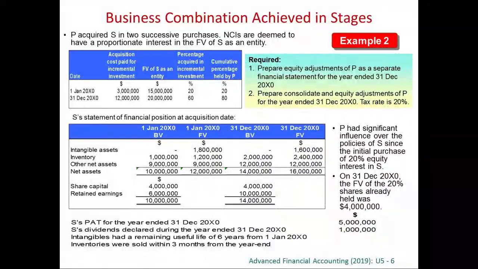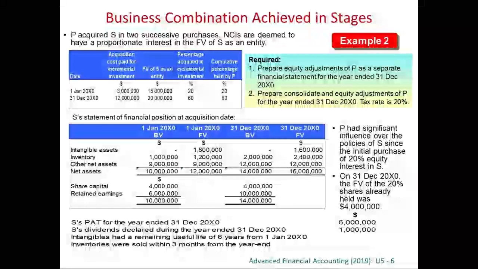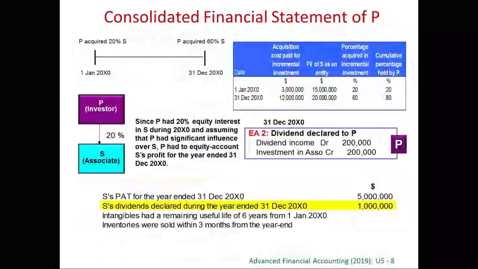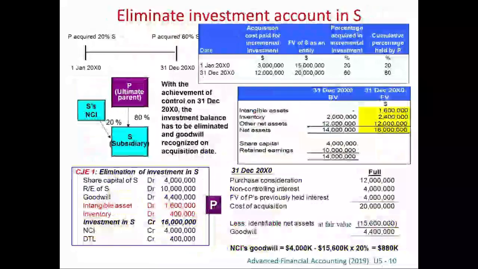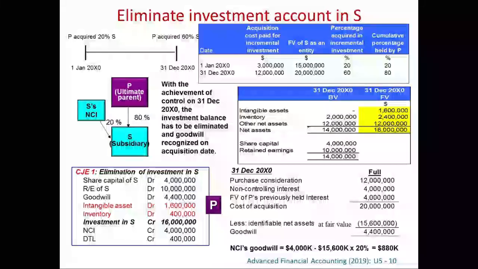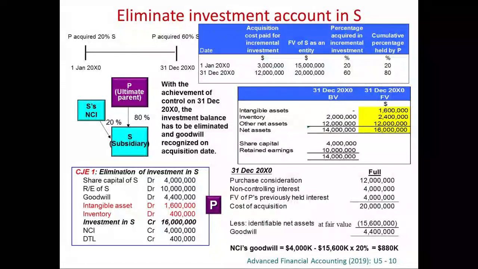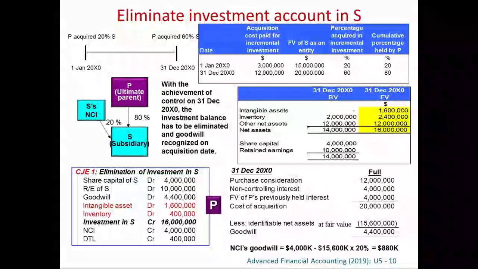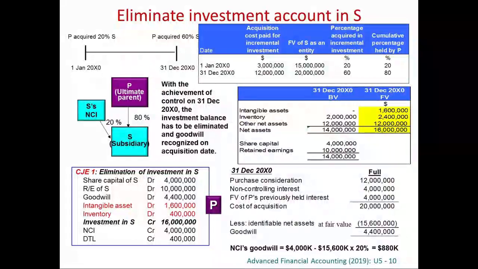So therefore, proportion of the fair value of the company means 20% of 20 million. 20% of 20 million is 4 million. Right? This is a proportion of the fair value of the company.